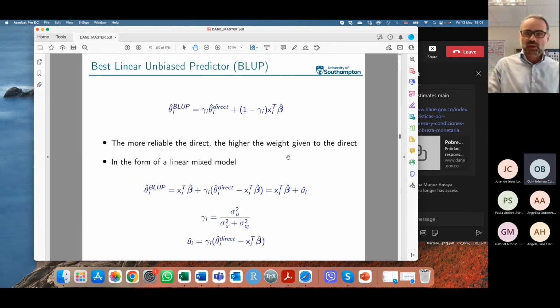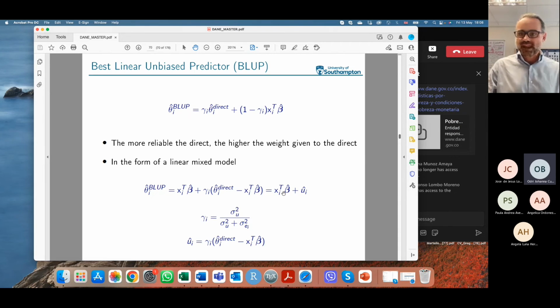So we covered that. We showed that the BLUP can be written in the form of a mixed model as xi beta hat plus ui hat. We explained what the shrinkage factor looks like. The shrinkage factor is nothing more than the ratio of the between municipality variance divided by the between municipality variance plus the sampling variance, and effectively that tells you how this gamma I is going to work in terms of giving more or less weight to the different parts of the BLUP.